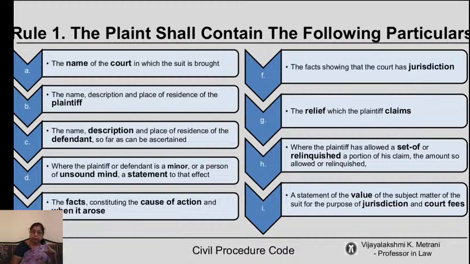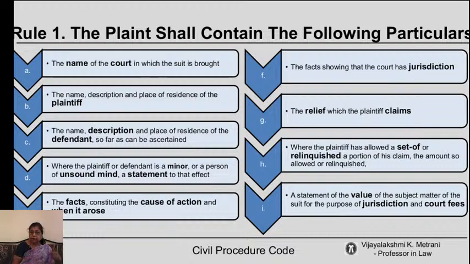So when the plaintiff or defendant is a minor or a person of unsound mind, a statement will be given: A being a minor, aged so many years, represented by his next friend so and so. So that will be the next thing.